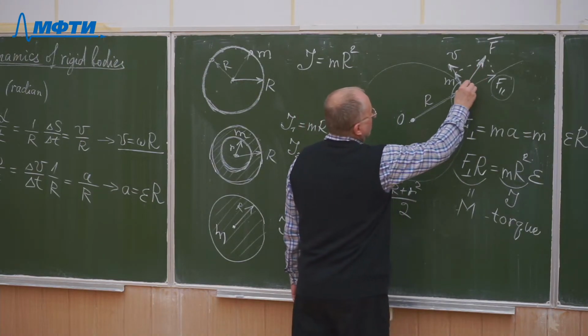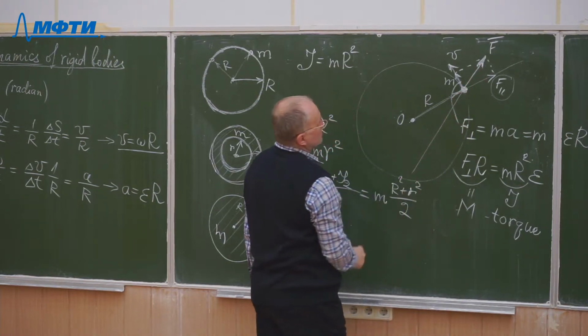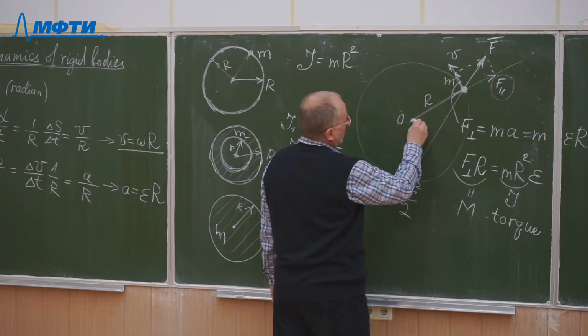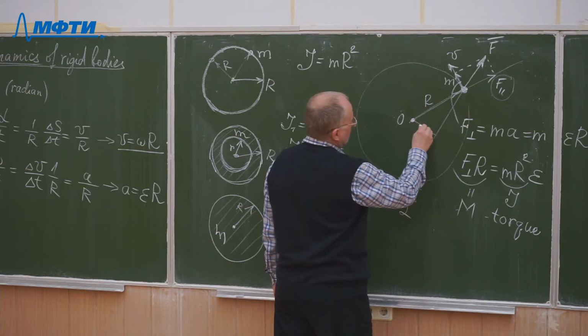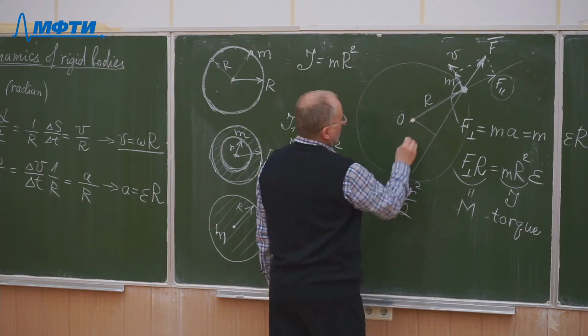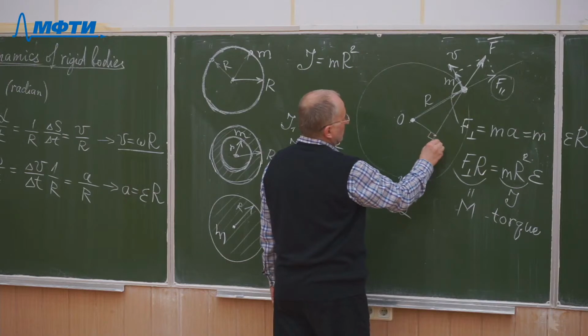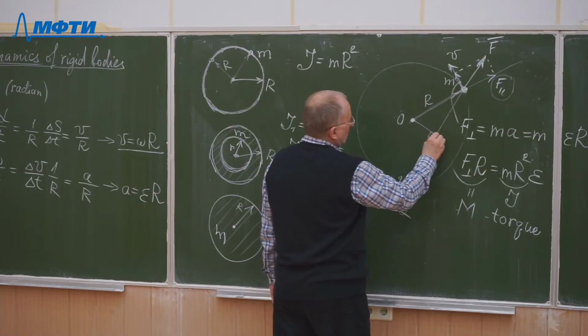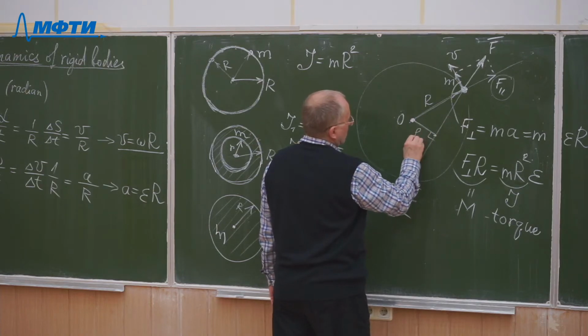Let's continue the line along which the force is acting. And let's draw a distance, a perpendicular section from the axis of rotation to this line, so that this angle is the right angle. And let's denote this section as h.